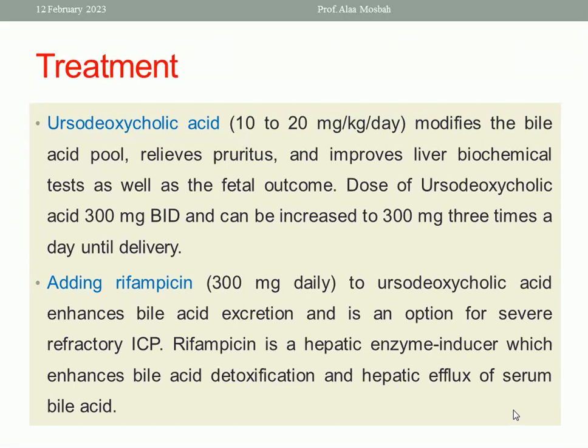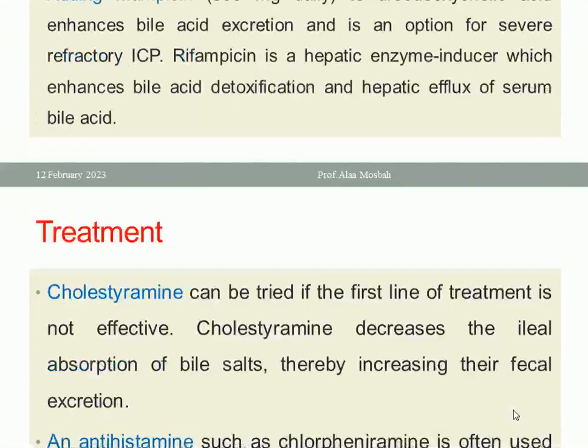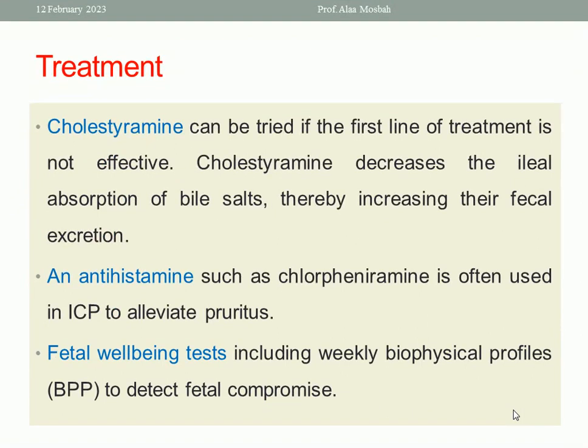So, in some refractory cases, I can add rifampicin to ursodeoxycholic acid. And all of us know that rifampicin is a broad-spectrum antibiotic used for mycobacterium infections, for TB. But here we are using it for intrahepatic cholestasis, being an enzyme inducer and enhancing bile acid detoxification. If the first line treatment is not effective, you can go to another line of treatment by cholestyramine.